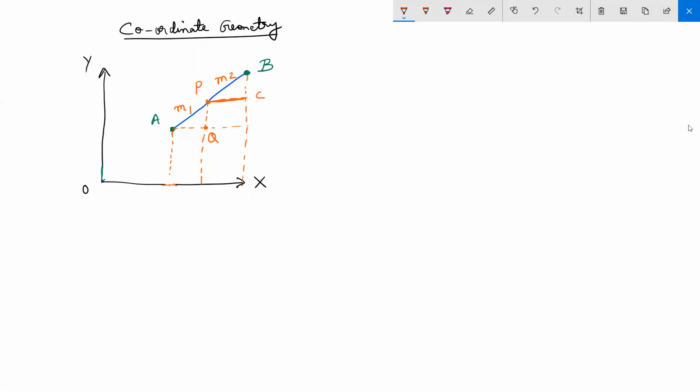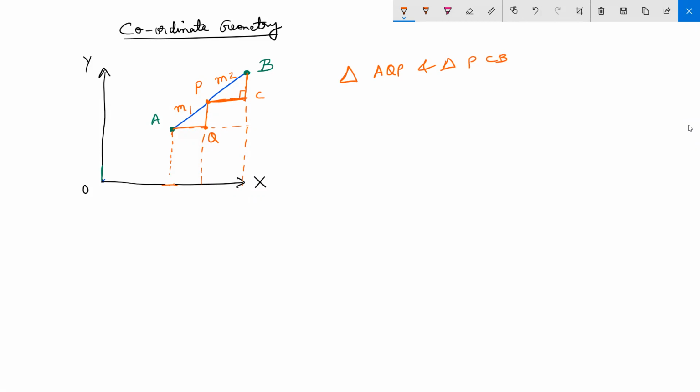So you can see over here that two triangles are formed. The triangles are triangle AQP and triangle PCB.